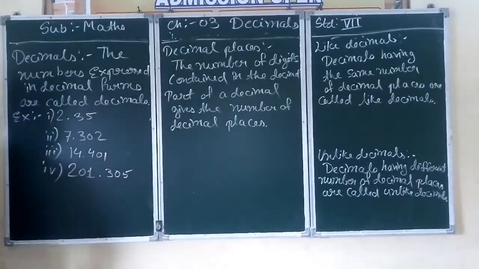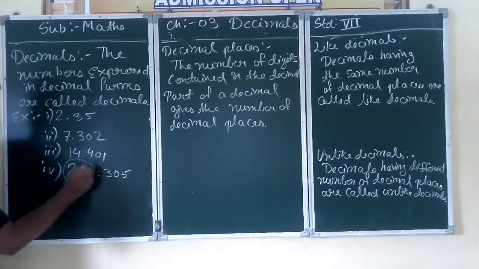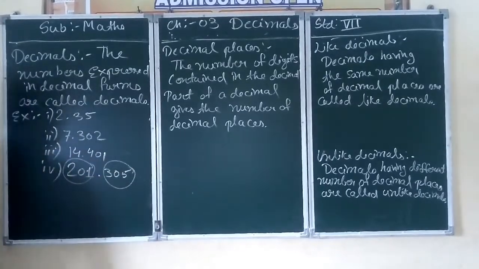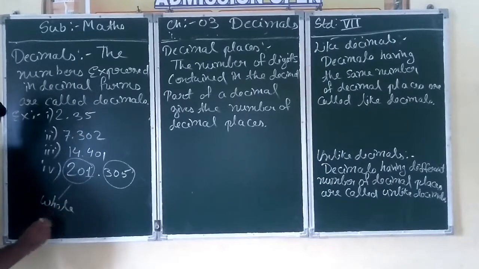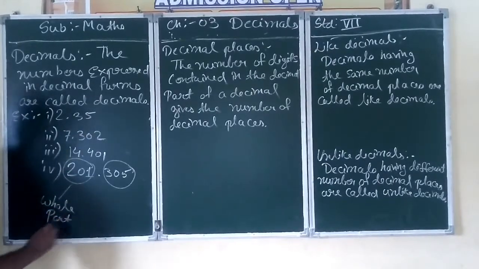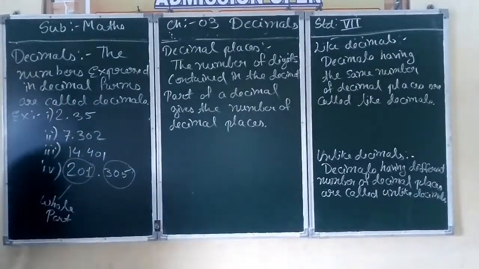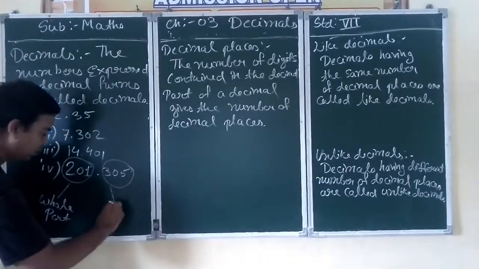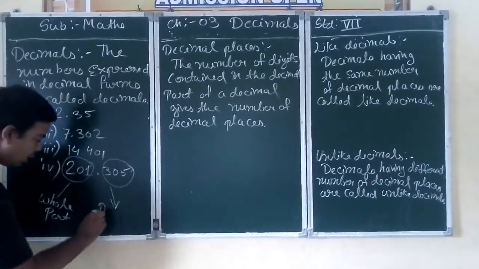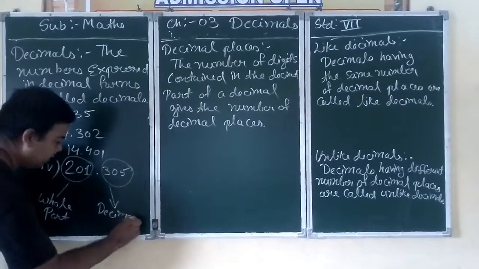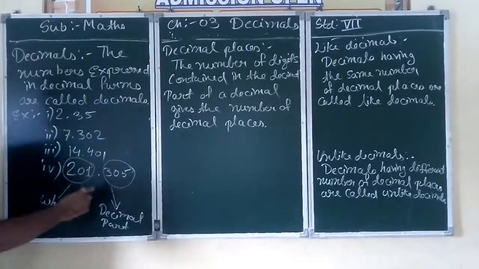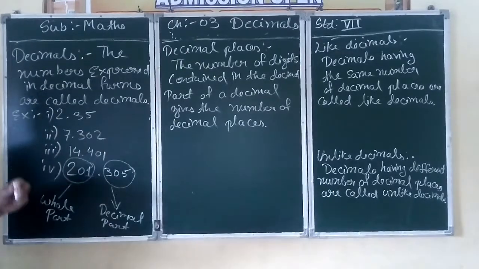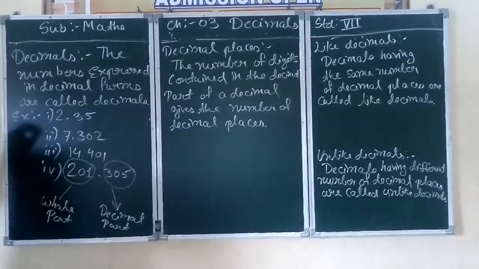In a decimal, you see two types of numbers. This number we call the whole part, and this number we call the decimal part, because these digits come after the decimal point.